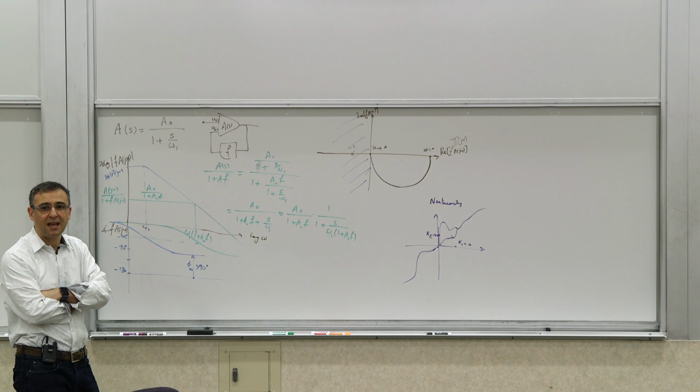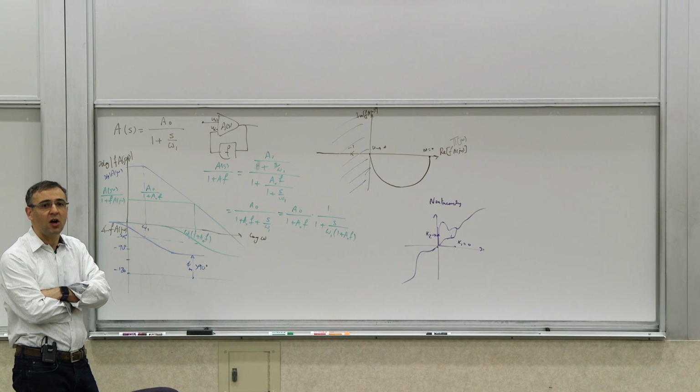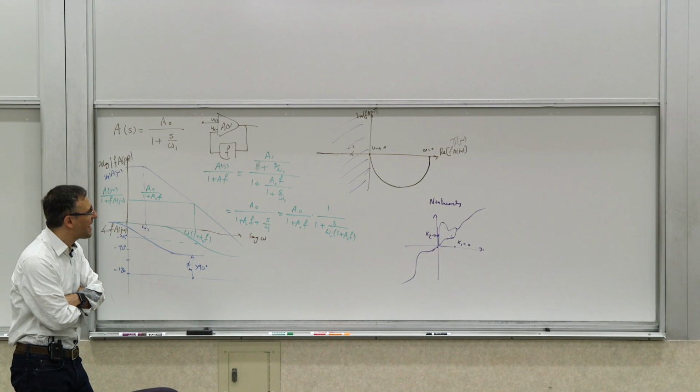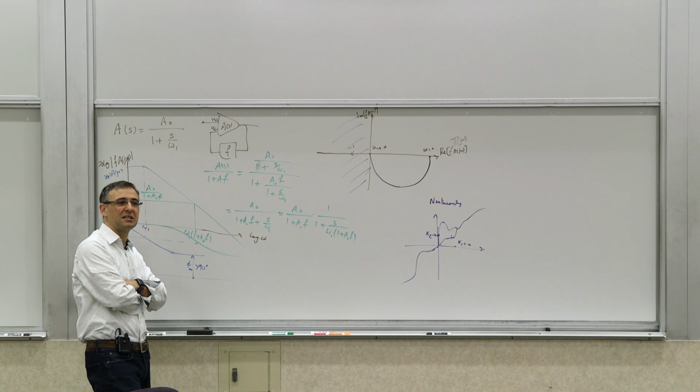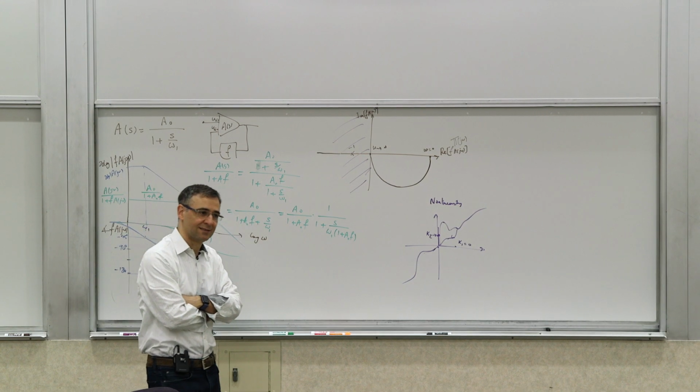So is the system stable, even with nonlinearity? Yes. So as long as your nonlinearity is confined to first and third quadrant, it doesn't matter if it's time varying, if it has hysteresis, if it has memory, things of that sort, it will remain stable. Yes?